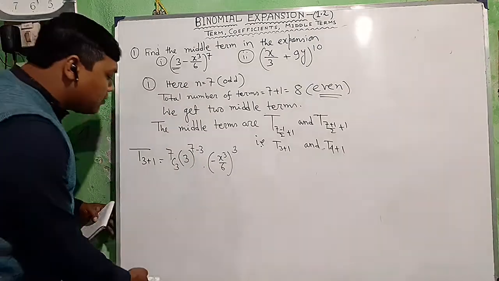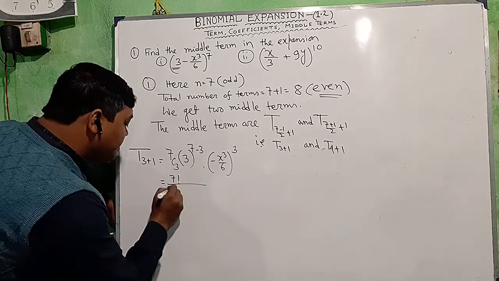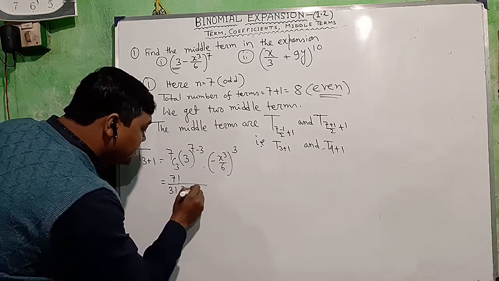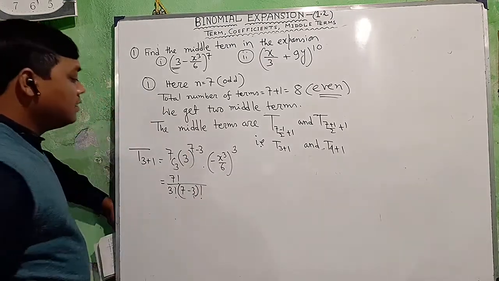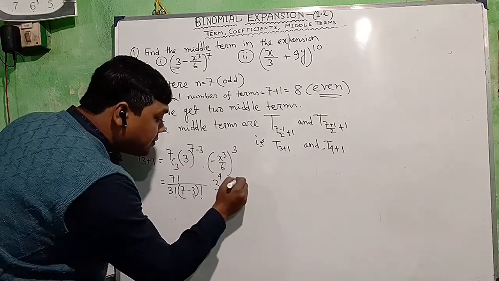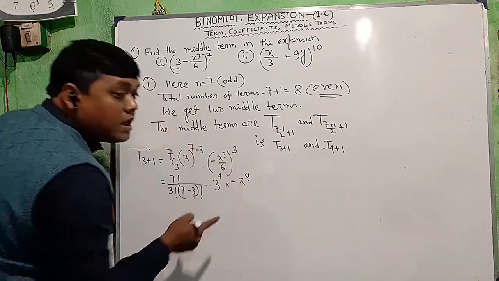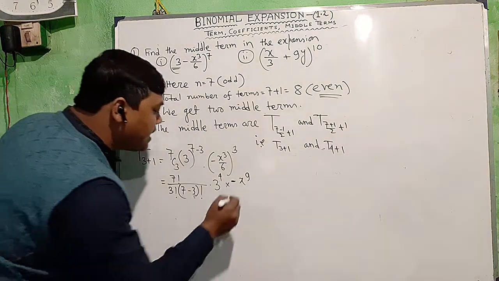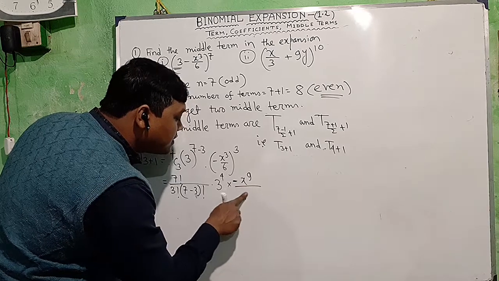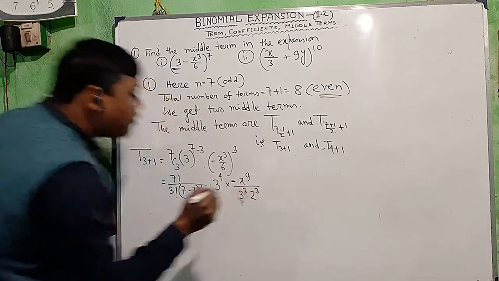Okay, so we will calculate it. 7 factorial by 3 factorial, 7 minus 3 factorial, into 3 to the power 4, and minus x, that means x to the power 3 into 3, that is x to the power 9, and a minus sign is taken because we multiply 3 times the negative sign, and 6 cube also. 6 cube we can write as 3 cube into 2 cube, according to the indices rule.